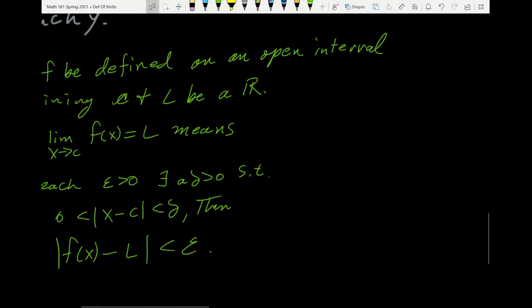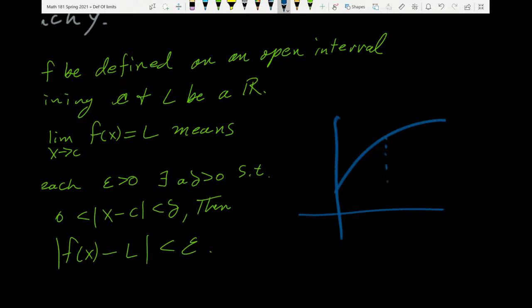Graphically, what that means is, let's say I have this function, something like that. That's C, and I go C plus delta, C minus delta.